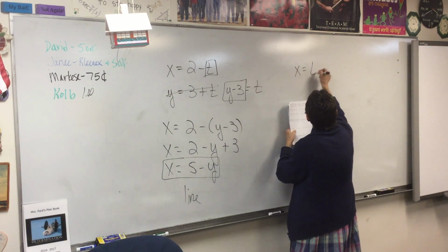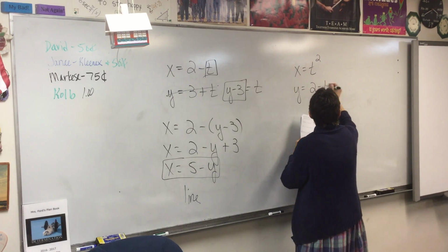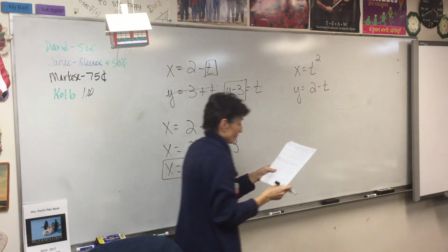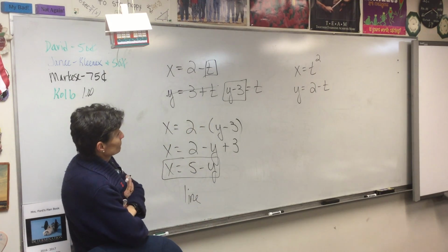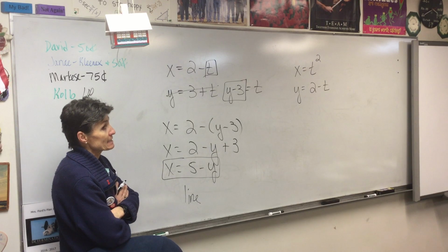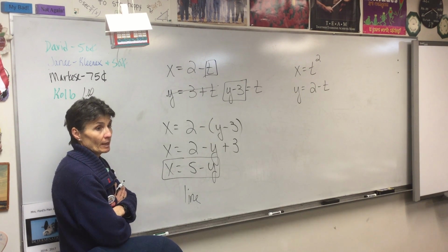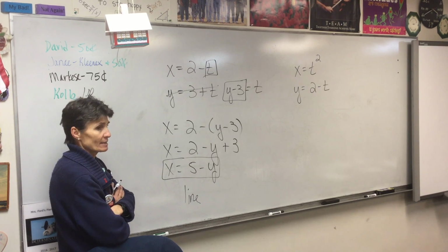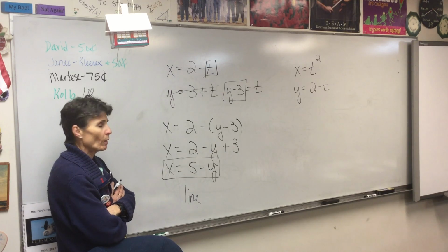All right. Now the next one. Ooh, I see a squared. I got to get t by itself. So, square rooting is a little bit dangerous and leaves us with a weird equation.